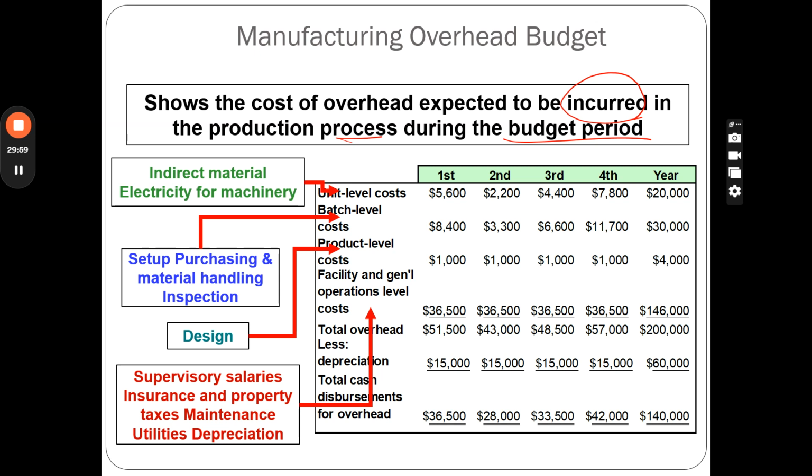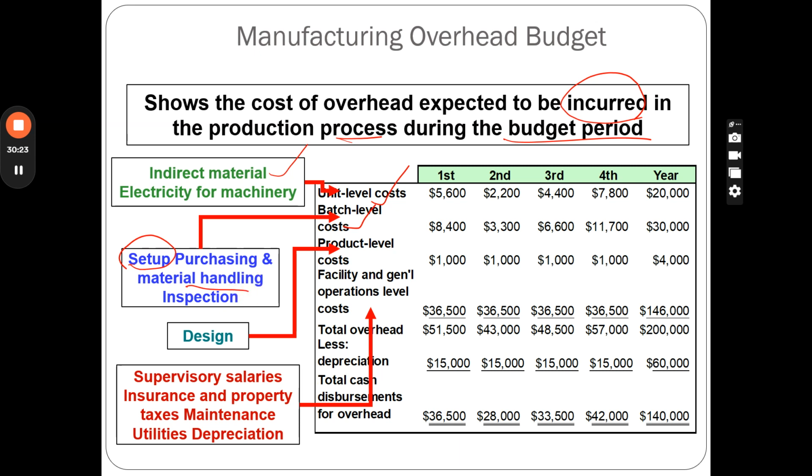And this overhead can be based on unit level. For example, indirect material. So this cost is going to be based on every unit. Or maybe some costs are based on batch level. For every batch, how much it is going to cost. For example, setup cost, machine setup, or material handling cost.